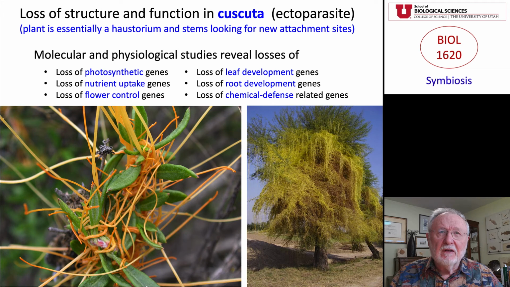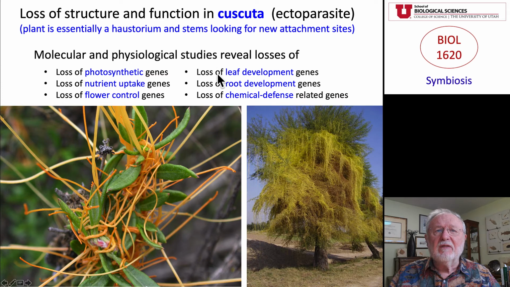Molecular studies comparing the genome of Cuscuta and other plants note that many have lost their photosynthetic genes, they've lost their capacity to take up nutrients from the external environment because they simply tap the host for the organic material and nutrients they need.